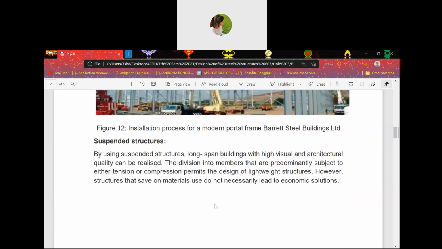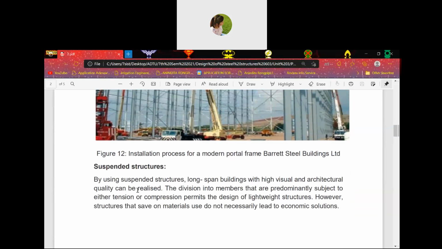Next, suspended structures. By using suspended structures, long-span buildings with high visual and architectural quality can be realized. In such cases, where the visual and architectural quality is very high, we use suspended structures.